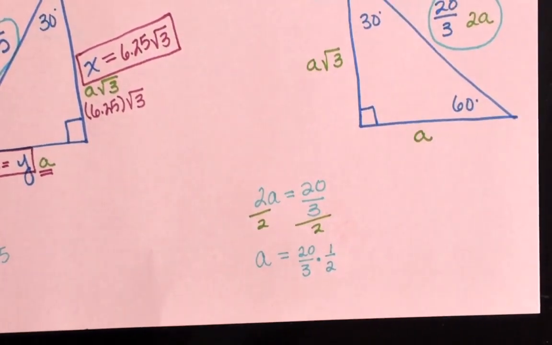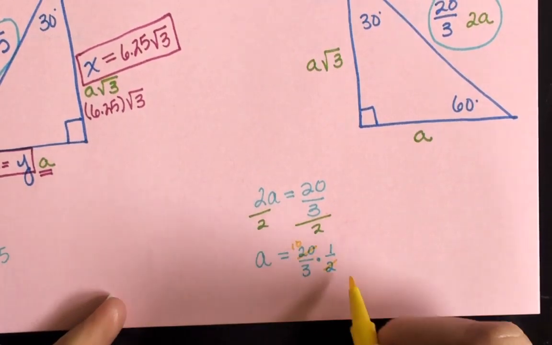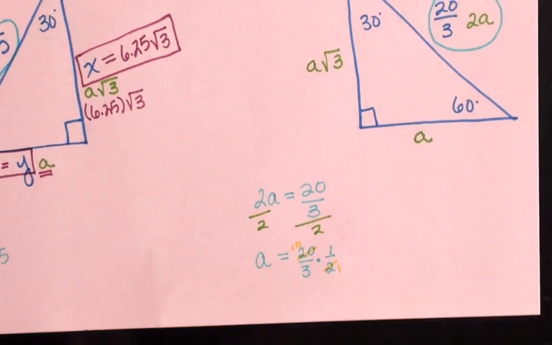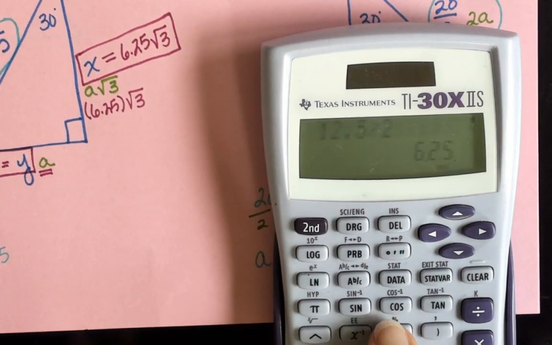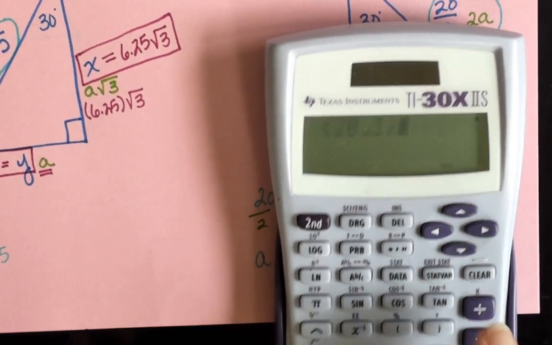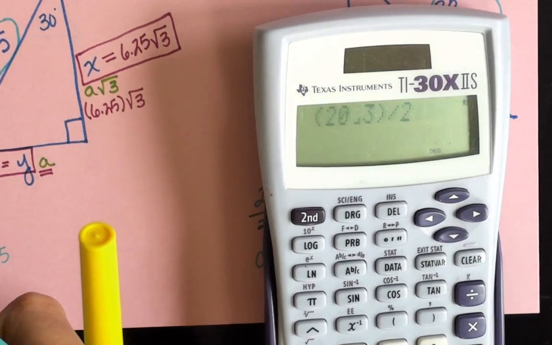And hopefully we recognize that the 2 and the 20 will cancel to 10 and 1. If you don't, just keep in mind, in my calculator, I could do 20 ABC 3 divided by 2.